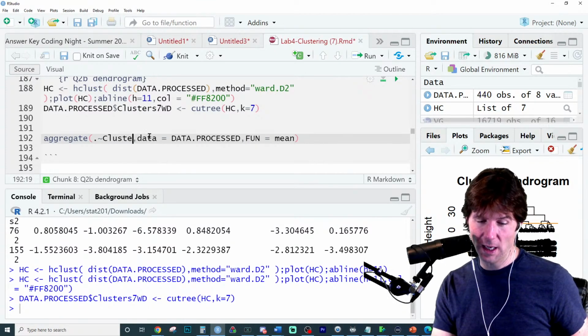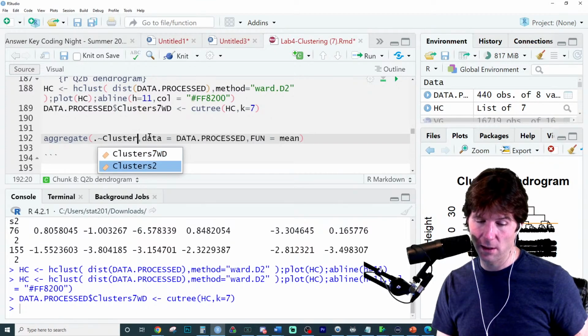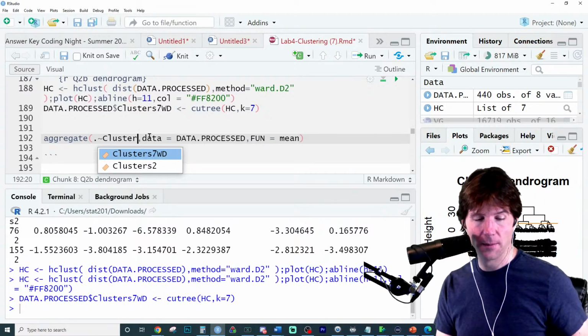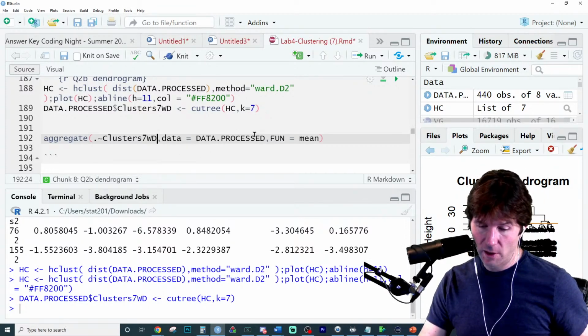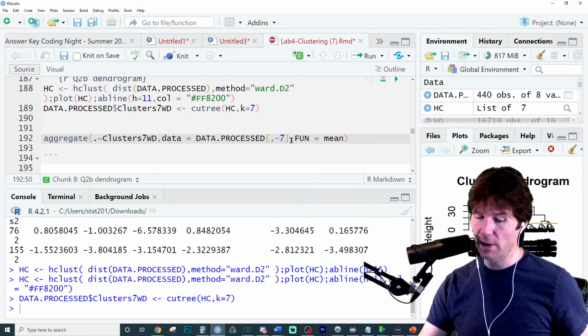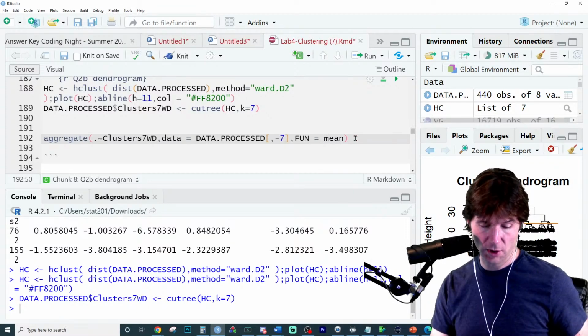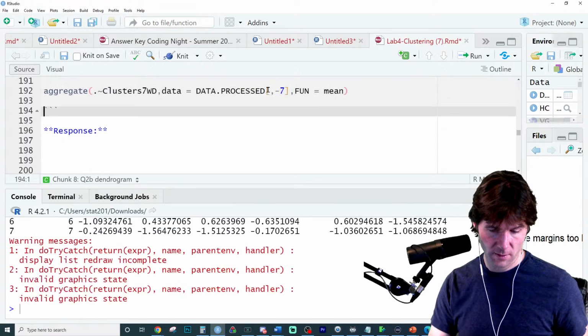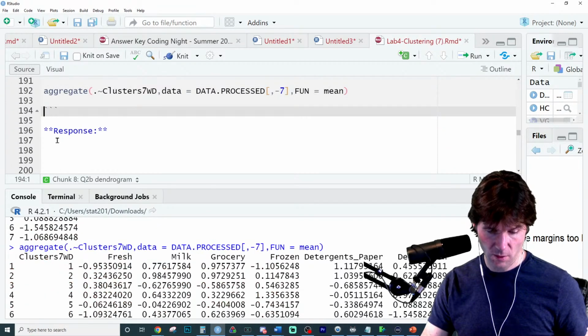Now, what's sad is we're going to actually see cluster 2. What column is that? The 7th column. So I'm going to go here and remove the 7th column. The reason I'm doing this is this should remove out. I'll show you it both ways. Look at those decimals. Let's go to a round.